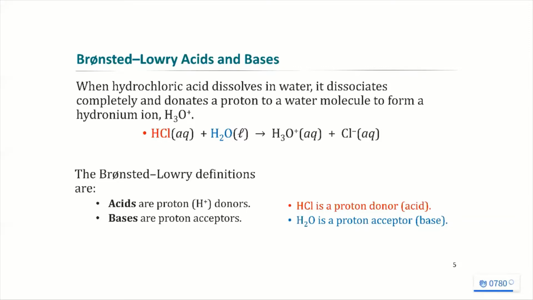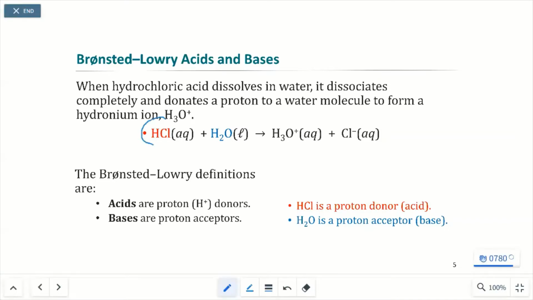So if I look closely at this chemical reaction, I can see that if I compare the HCl and the chloride ion, to go from HCl to chloride, it had to have lost an H+ ion. Under the Bronsted definition, that would make HCl an acid.